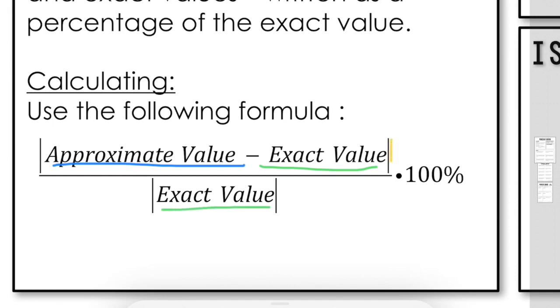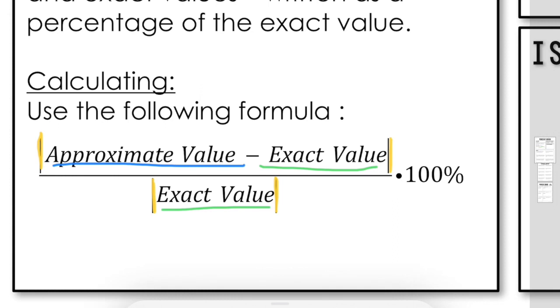So if you see these bars, you might be wondering what this means. And this just means absolute value. Absolute value is the distance from 0. So for an example, if you subtract and you get a negative answer, so let's say we got -4, well, absolute value means how far from 0 is -4.